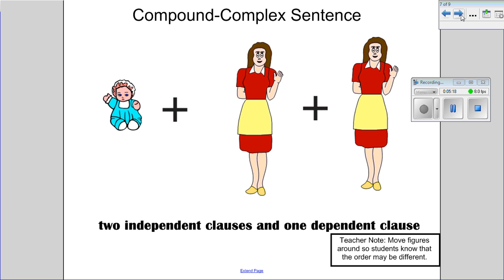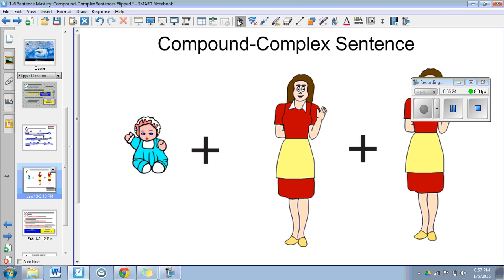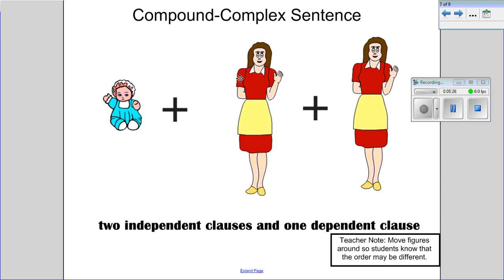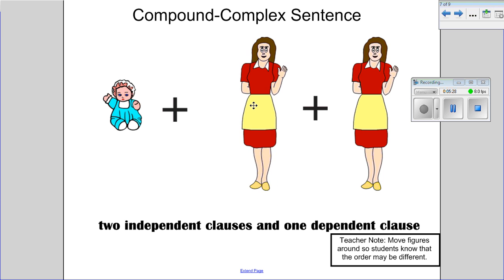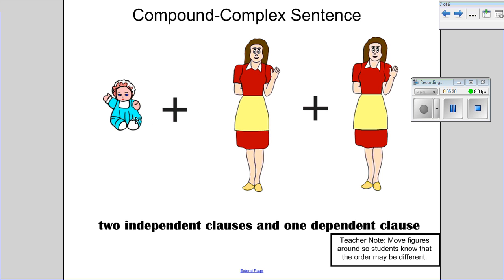So in your notebook, go ahead and write this down, please. You'll notice that in a compound complex sentence, you're always going to have 2 independent clauses and 1 dependent clause. Remember, if we're looking at the example analogy of a mother is independent, where the baby is dependent. The baby depends on the mother.